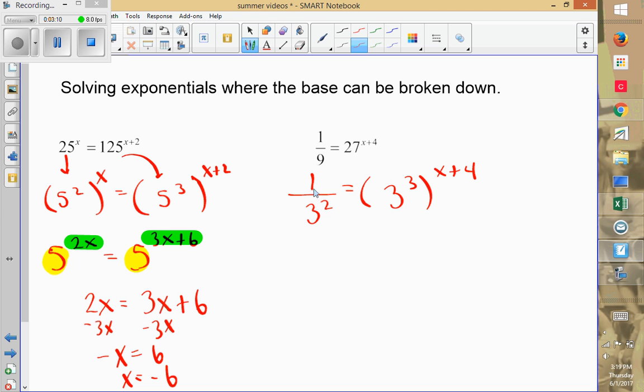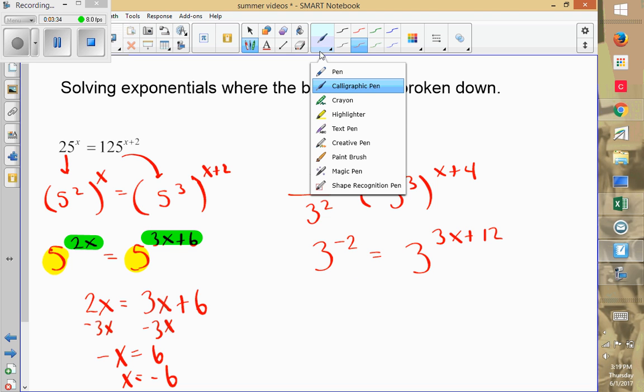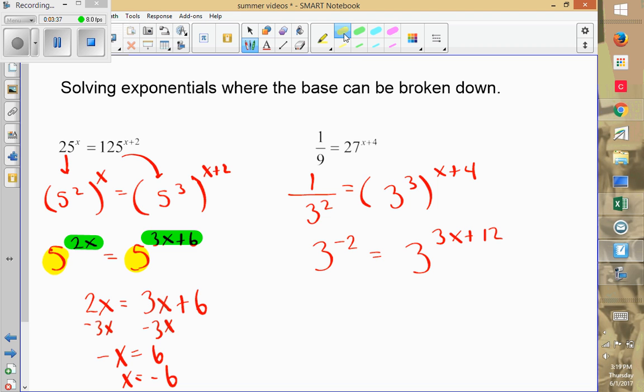The left-hand side of the equation is still a fraction. And normally we want to not have negative exponents in a problem because it's just not simplified that way, but we're actually going to create the negative exponent, bring this back up to the numerator using a negative exponent so that we now have the format like we had on the first problem where we have two bases that are the same.